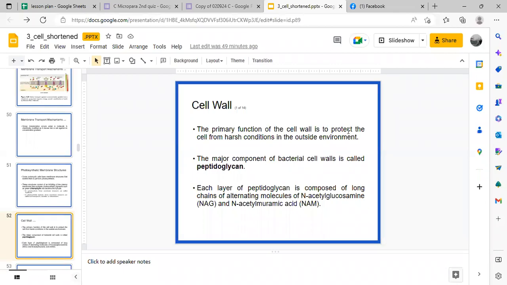So each layer of the peptidoglycan is composed of long chains of alternating molecules of NAG, so N-acetyl glucosamine, and then you have N-acetyl muramic acid. So that is the structure of peptidoglycan.